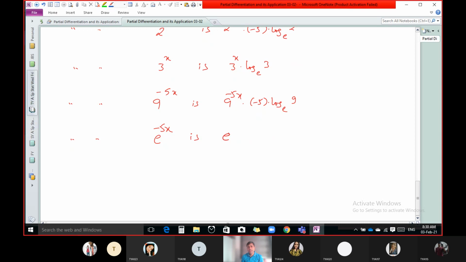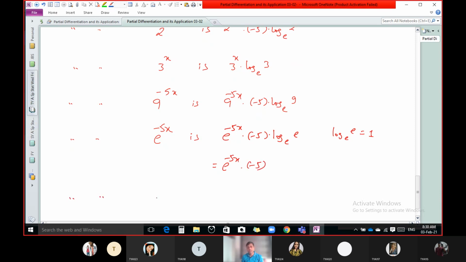So it is the same. E raised to minus 5x into minus 5 into log e base e. But the value of log e base e is always 1. So my final answer is e raised to minus 5x into minus 5.